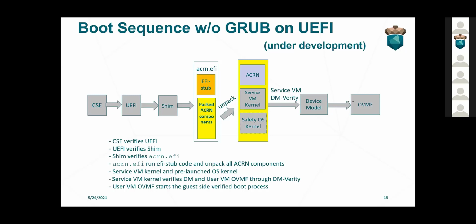And we will do the EFI verification together with one image, acrn.efi, based on the EFI verification process. Based on this solution, we can meet customers' or some users' requirements. We will keep using the UEFI verification method, and there is no CVE problem of the GRUB multiboot command. Yeah, just some additional notes.